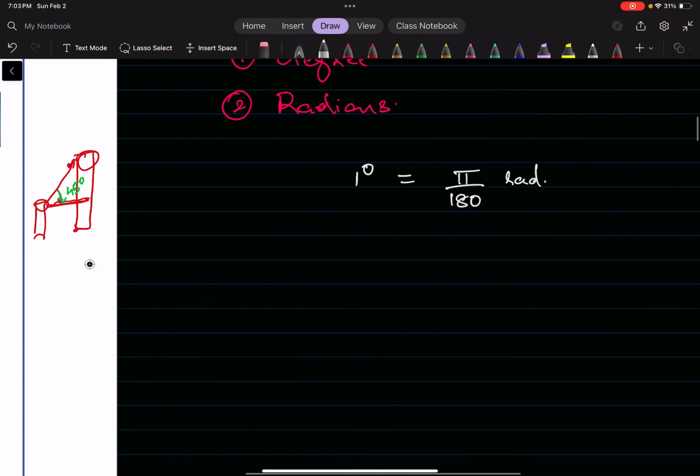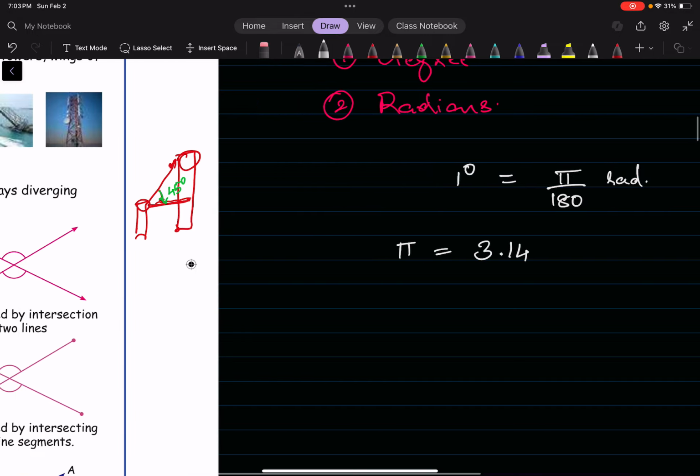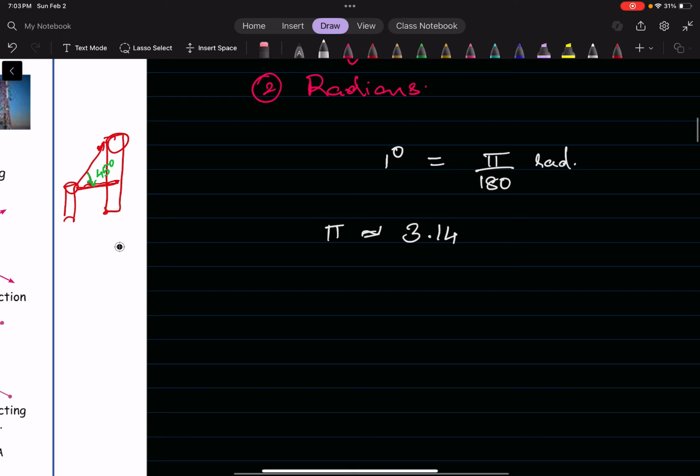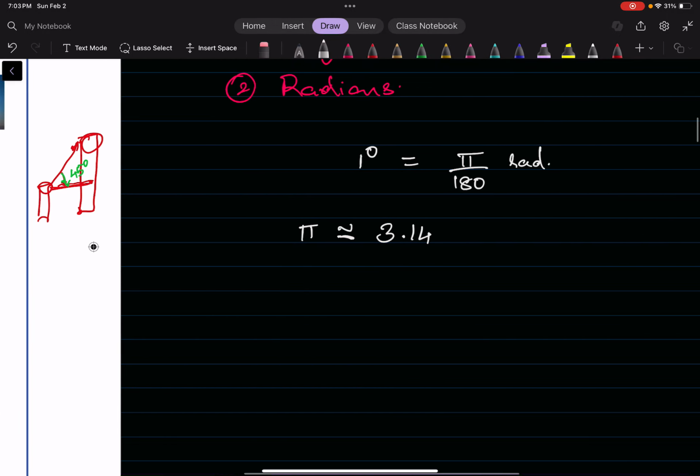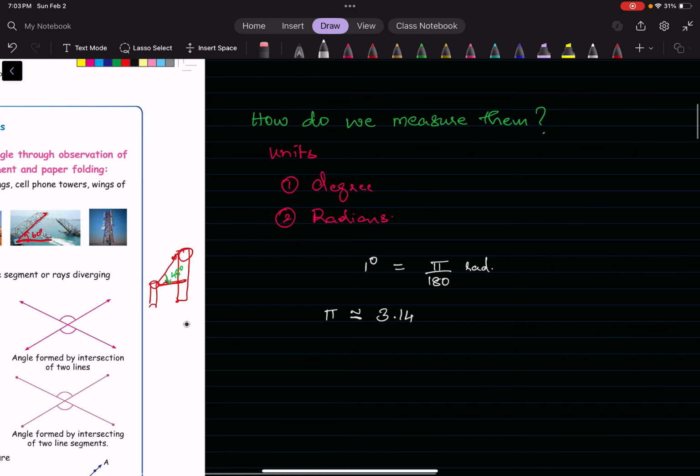What is the value of pi? That is 3.14, an approximated value. So this is a basic conversion factor between degree and radians.